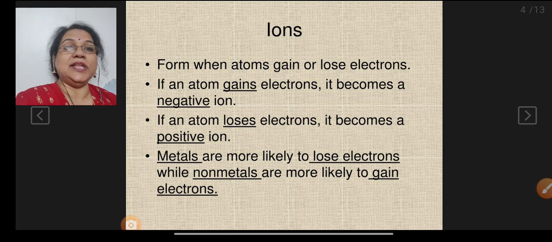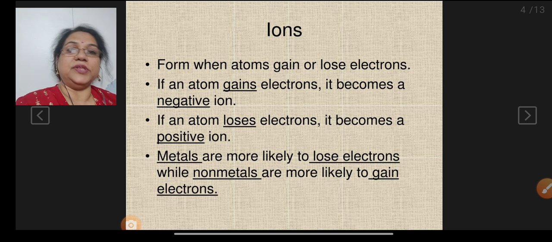If it gains an electron, it becomes a negative ion. If an atom loses an electron, donating it to some other atom, it becomes a positive ion.